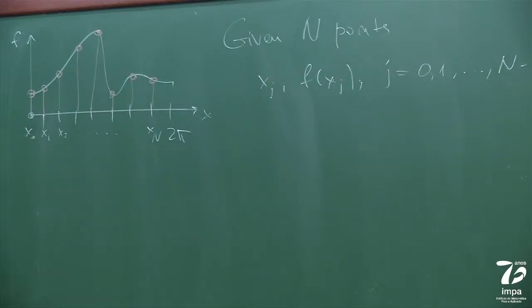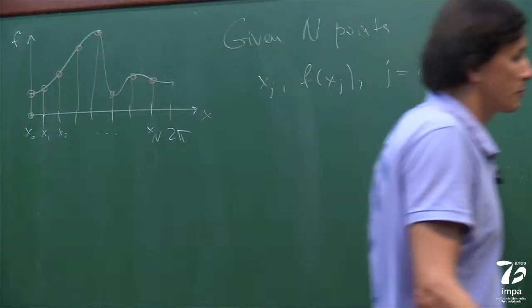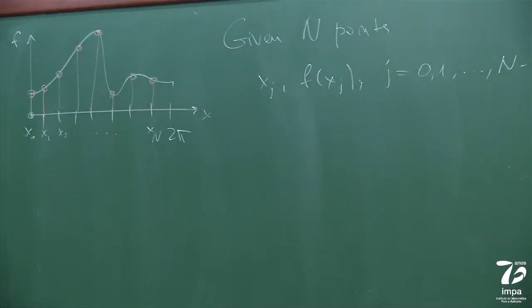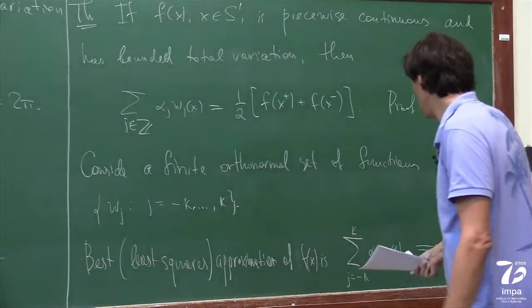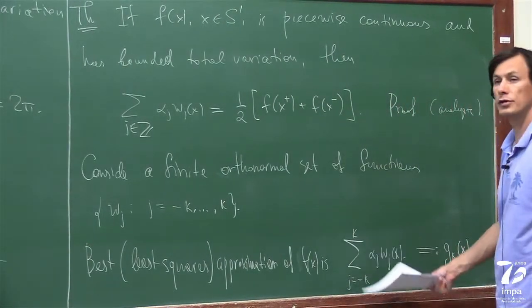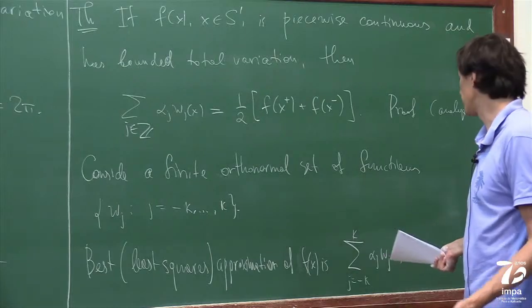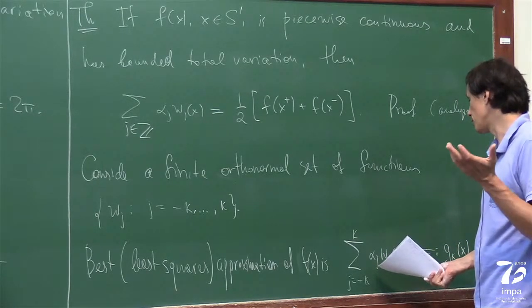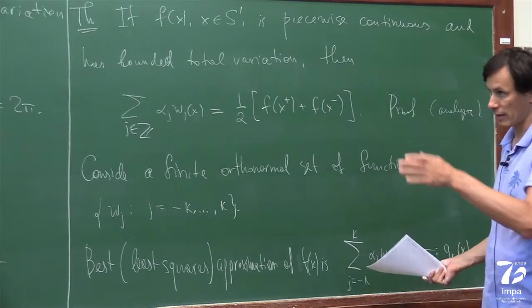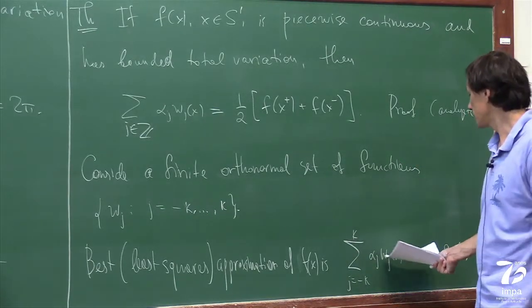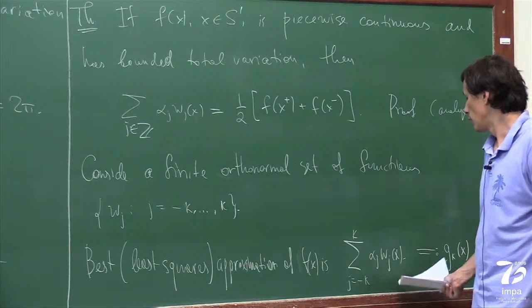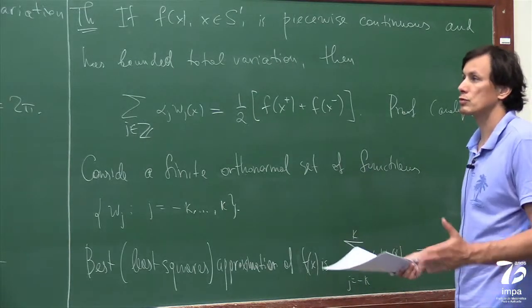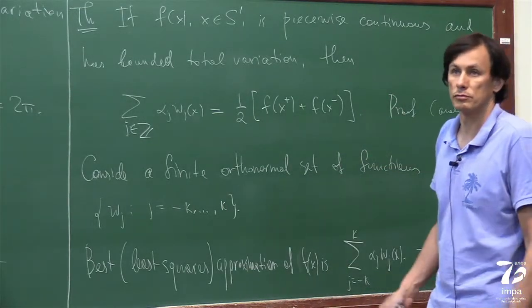What we want to do is approximate this function by this truncated Fourier series. One of the ways you may think of it, which is exactly the discrete Fourier transformation, is: let's find this trigonometric polynomial in a form which will exactly pass through all these points.